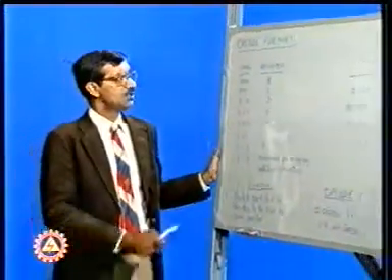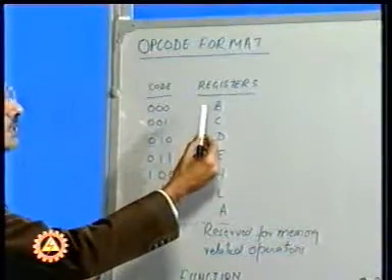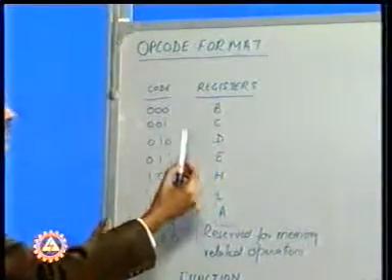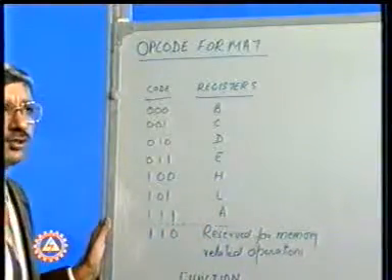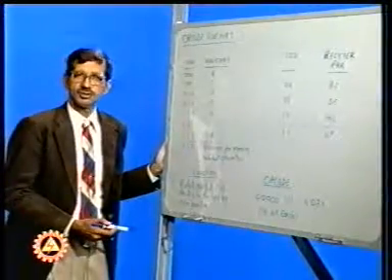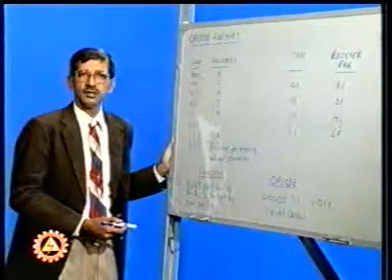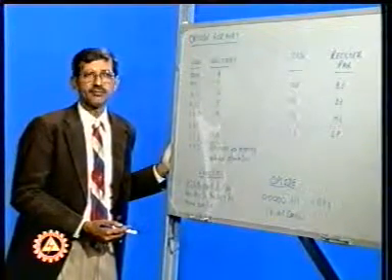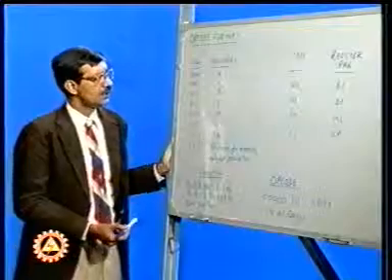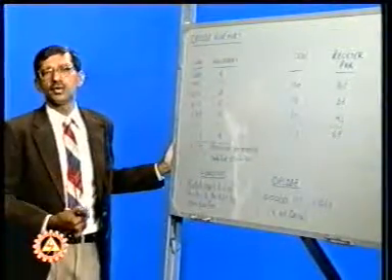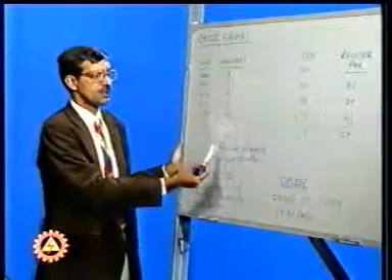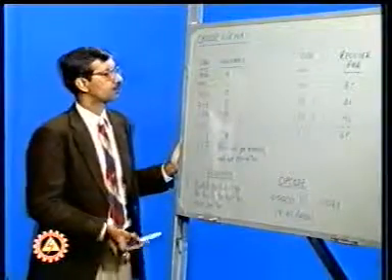We have got 7 general purpose registers available to us, that is B, C, D, E, H, L, and A. In order to represent and distinguish 7 different registers, we require at least 3 bits. So accordingly, 3 bits have been used. Since we have one spare code available, that is used to represent the memory location.